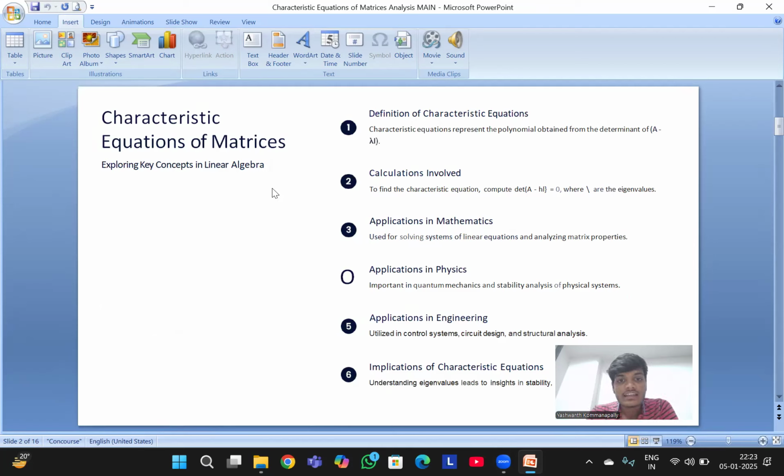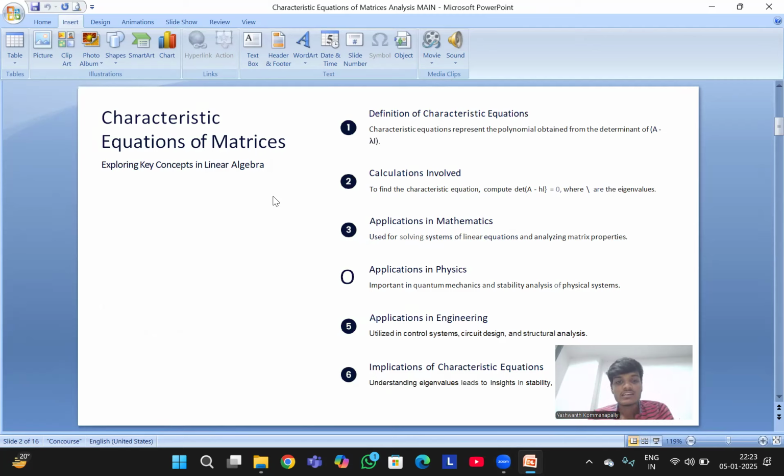Next, the calculations involved. To find the characteristic equation, compute det of A minus lambda I equals 0, where the lambdas are the eigenvalues. First, we find the eigenvalues. Then after, we find the characteristic equation.